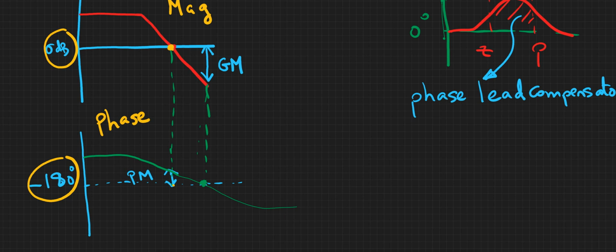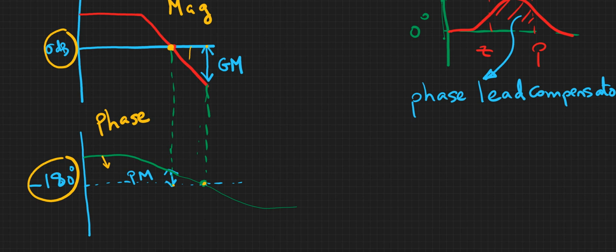So the gain margin becomes how much gain you can apply to the system before it becomes unstable. So you push this above until it reaches this point. When the gain reaches this point and the phase is minus 180, the system is unstable. The same thing happens if you add delay to the system.